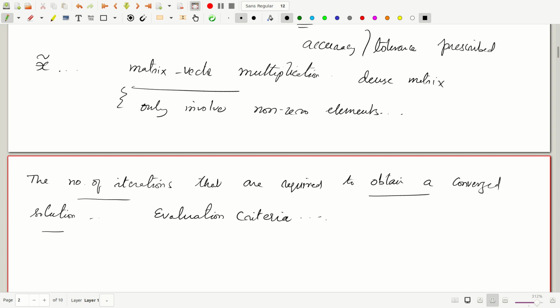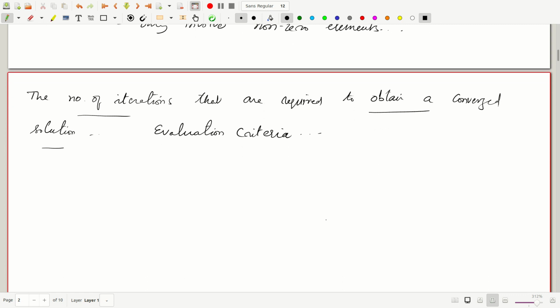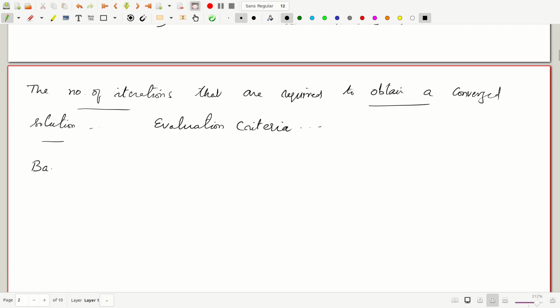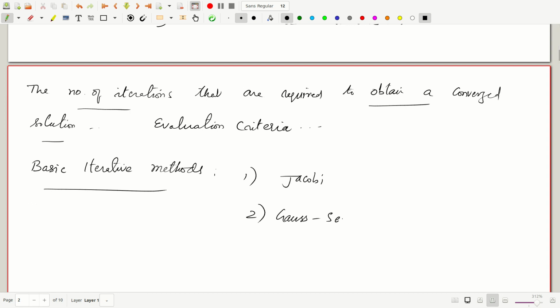So of course a method that converges quickly is a better method, and that's what you would like to go ahead with, okay. Some of the basic iterative method examples, as you already know, are the well-known Jacobi method as well as the Gauss-Seidel method, okay.